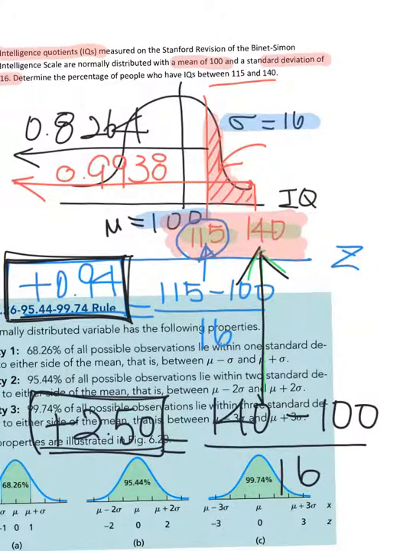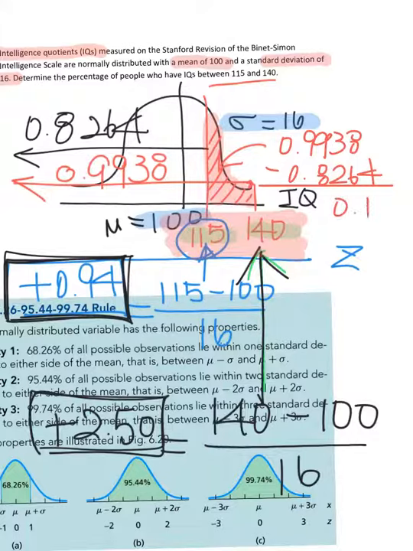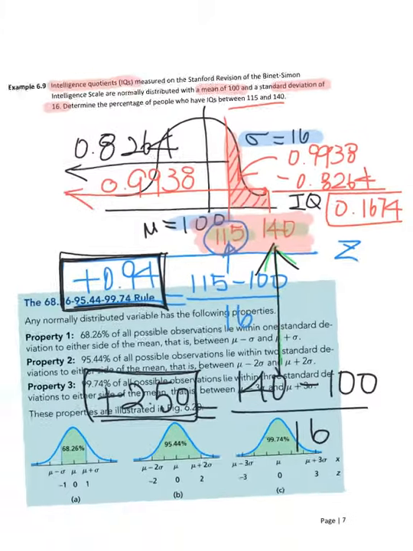So we have to take the bigger one, 0.9938 minus 0.8264. It will be 0.1674. Thank you. It is a final answer. It is a final probability.